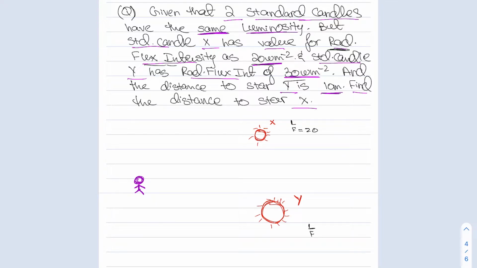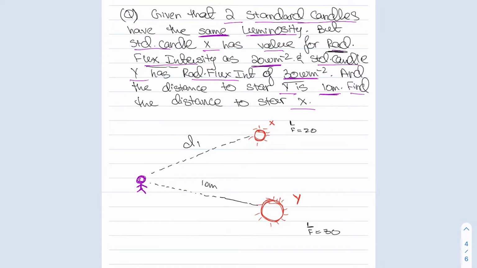So F is equal to 30, and the distance to star Y is 10 meters. So this distance right here is 10 meters. Hence find the distance to star X. So we need to find this distance right here. So we'll call this D1.